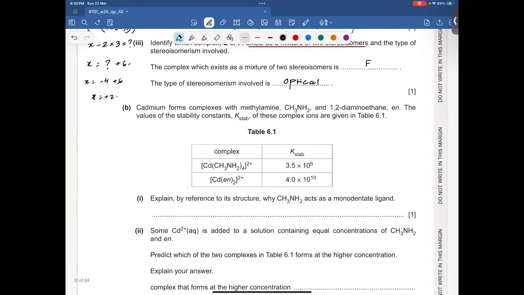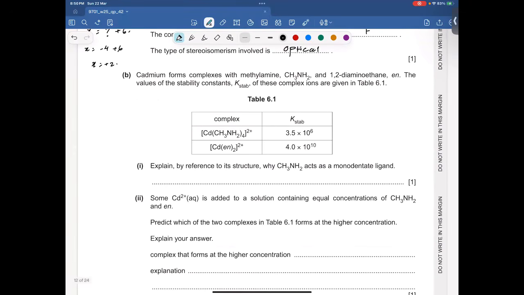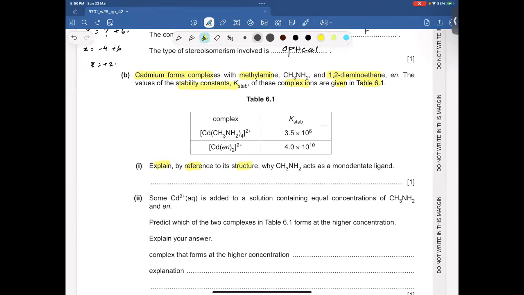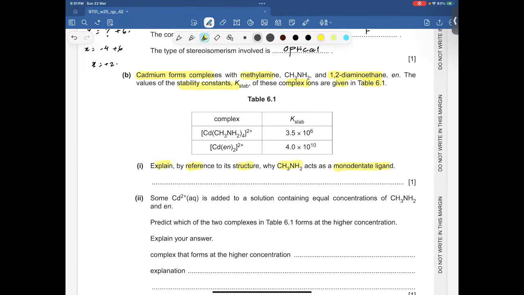Okay, cadmium forms complexes with methylamine and 1,2-diaminoethane. The values of the stability constants for these complex ions are given in table 6.1. Explain by reference to its structure why CH3NH2 acts as a monodentate ligand. Monodentate ligand means it donates one lone pair.